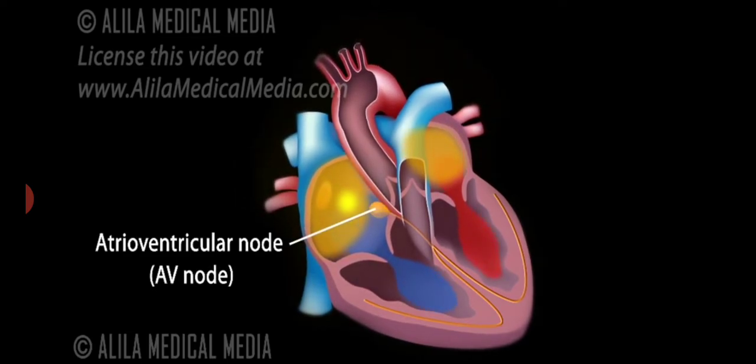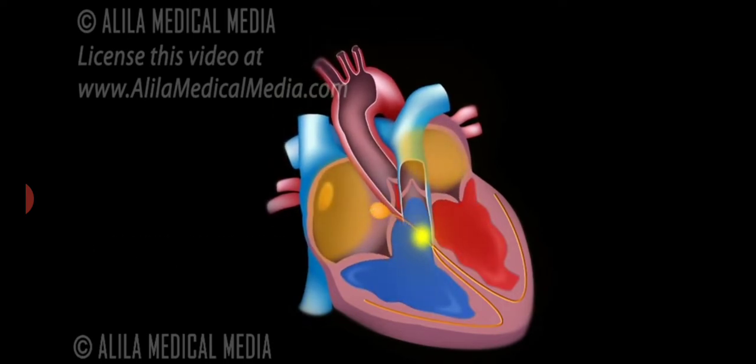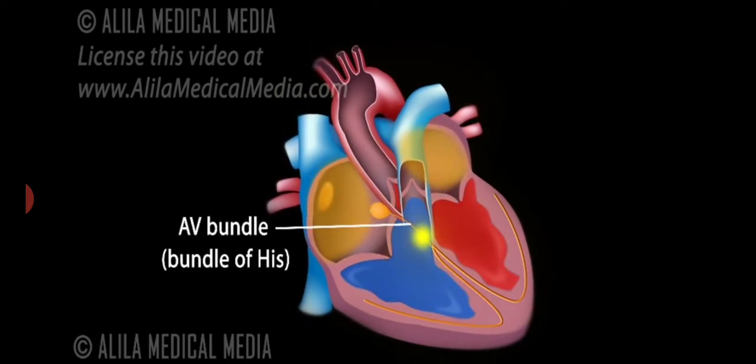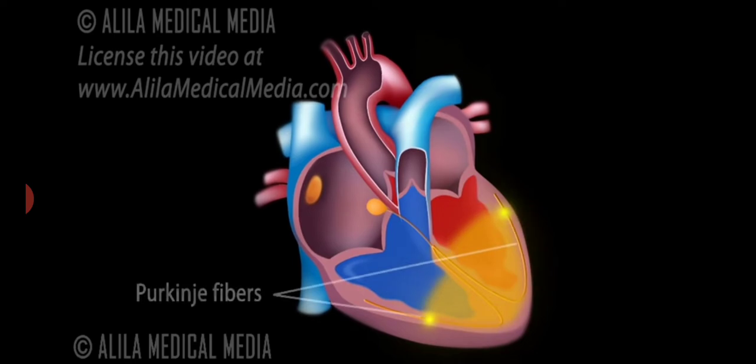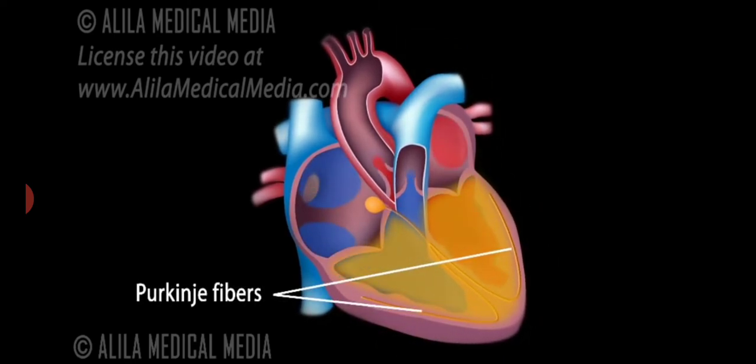The AV node receives signals from the SA node and passes them onto the atrioventricular bundle, or bundle of His. This bundle is then divided into right and left bundle branches, which conduct the impulses toward the apex of the heart. The signals are then passed onto Purkinje fibers, turning upward and spreading throughout the ventricular myocardium.